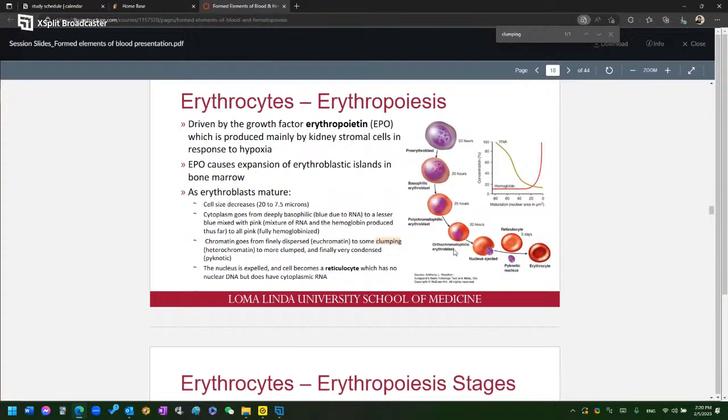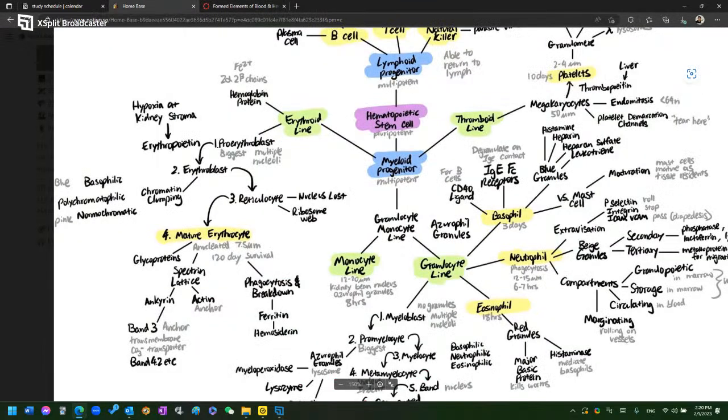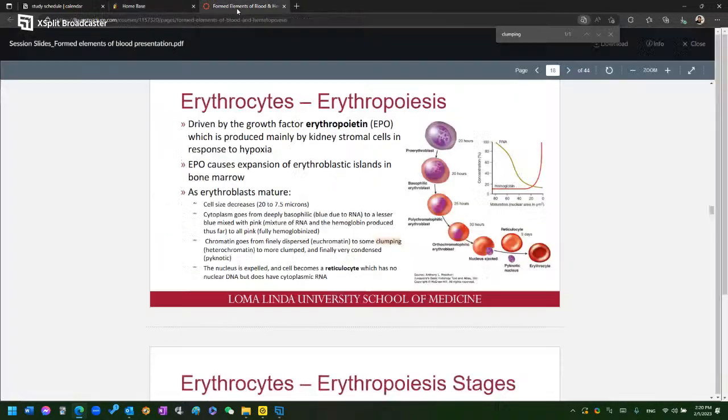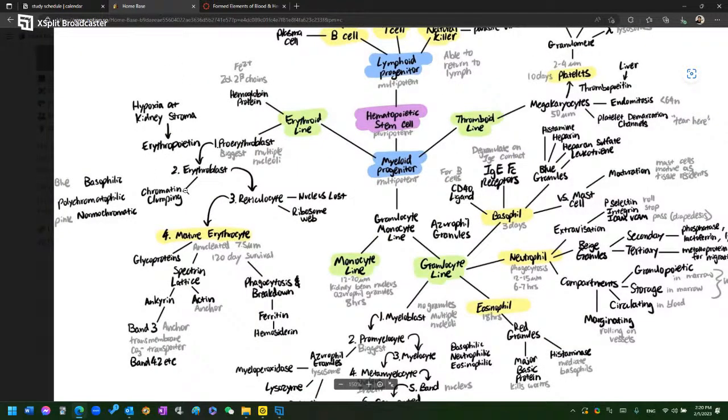So that's the polychromatophilic. It has red and blue, and it's going from blue, red and blue, and then finally to our red. And that's our blast. So blasts in the marrow only.